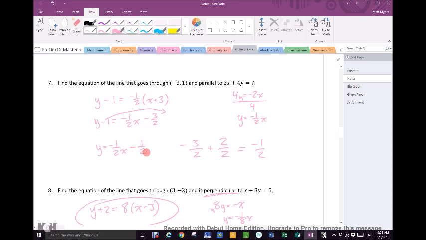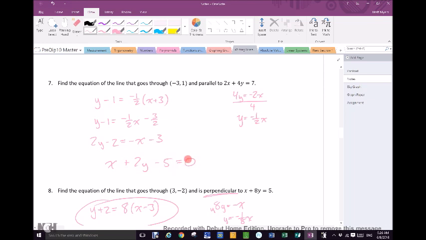See, what I was doing is I was getting rid of the denominator, but I forgot that y was already isolated. If you're going to get rid of the denominator, then you're going to get into general form, which is 2y minus 2 equals negative x minus 3. x plus 2y minus 5 equals 0.